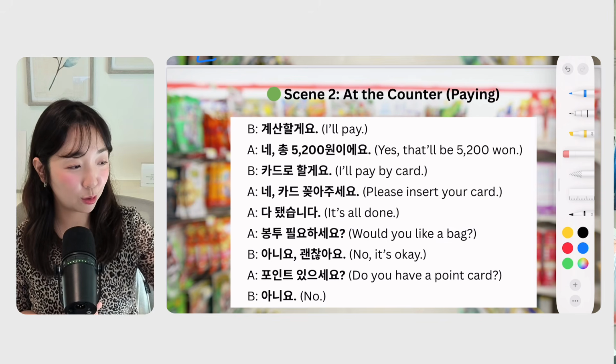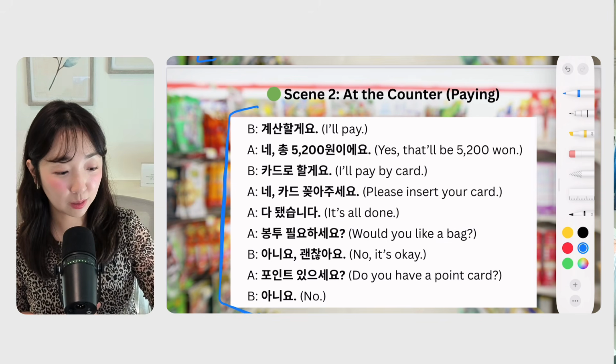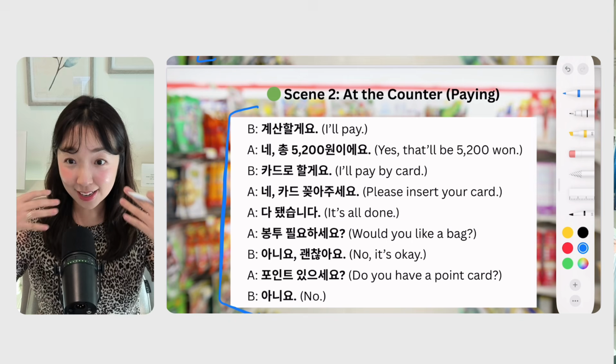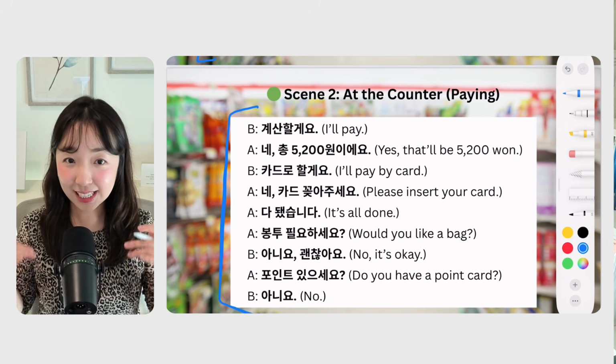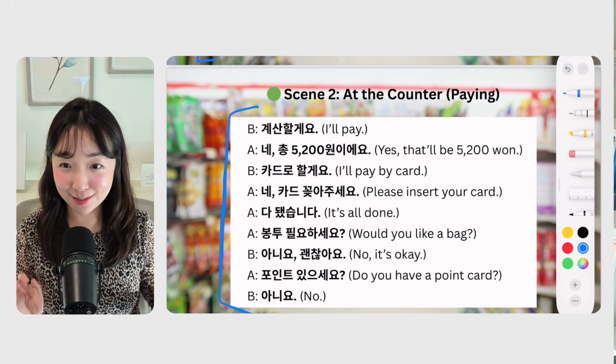We are ready to do from the top. So let's shadow naturally from the top to the end. Scene 2, at the counter, you're about to pay. Here we go.